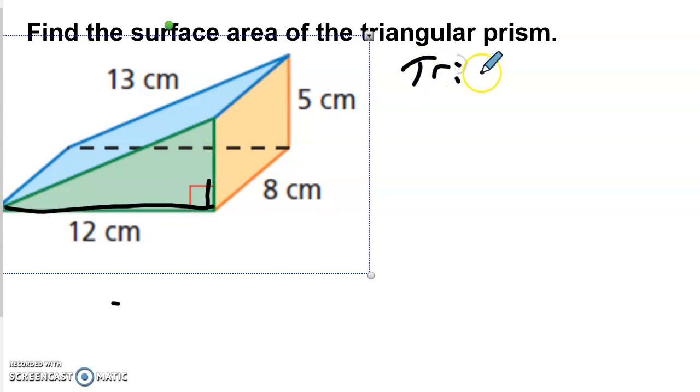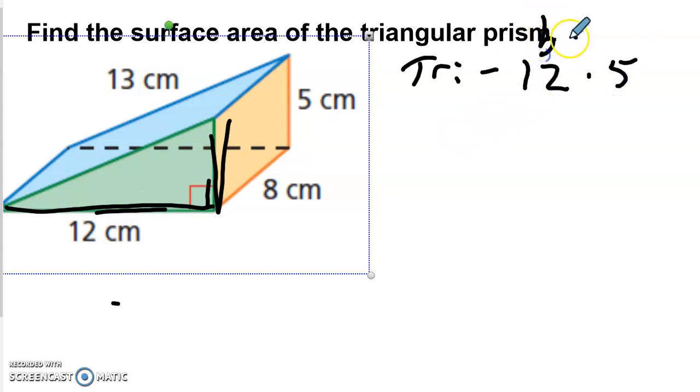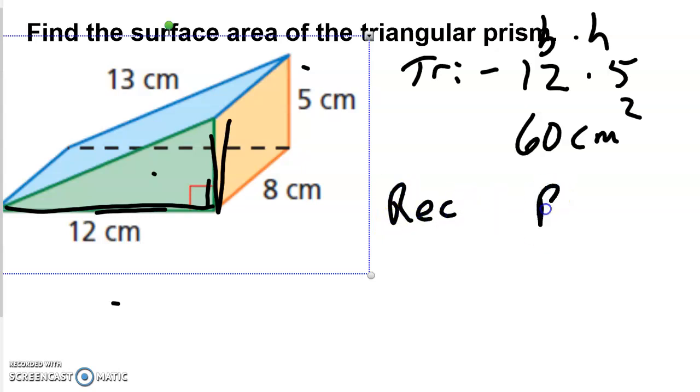So the triangle is going to be 12 for the bottom, and then this matches that, 12 by 5. So that means, base and height, we're talking about 60 centimeters squared. Now that's the two triangles, this side and this side. Okay, I'm also going to have rectangle, rectangle, rectangle.